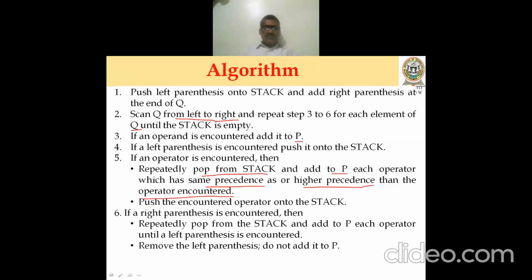Remove the left parenthesis from the stack and do not add it to P. Then exit from this algorithm. So these are the 7 steps in this particular algorithm. It is very easy to follow. We are only pushing the operators into the stack. This is an operator.